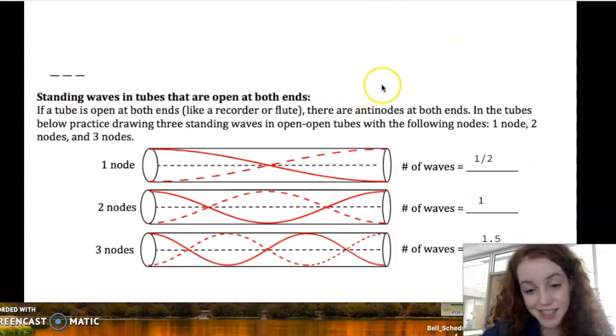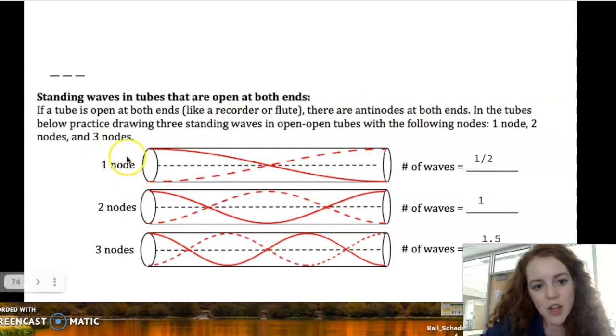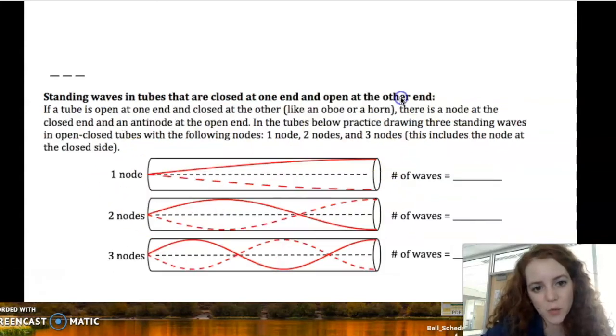Okay, so let's do another one. This one, instead of having open ends and open ends, we're going to have a closed end and an open end. So we give some examples like an oboe or a horn or clarinet.